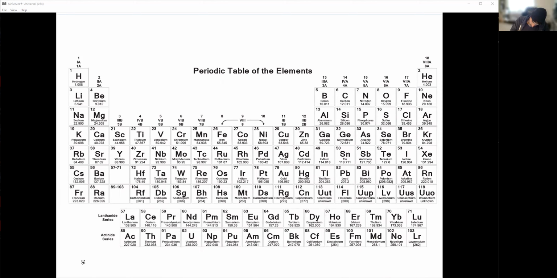And so let me pick orange there. All right, so I'm going to highlight this right here. I'm going to divide the periodic table up a little bit.